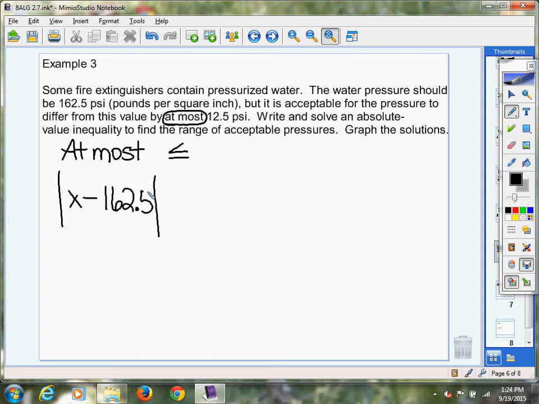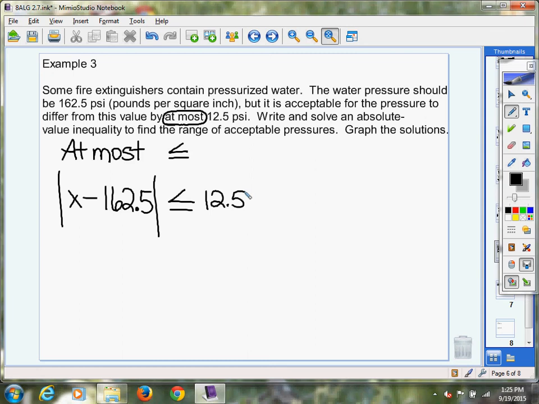And that was given in the problem. And they said that amount can differ at most, there's your less than or equal to, 12.5. So we can be 12.5 more than 162.5, and it can be 12.5 below 162.5. That's what they're saying. That's absolute value, believe it or not.